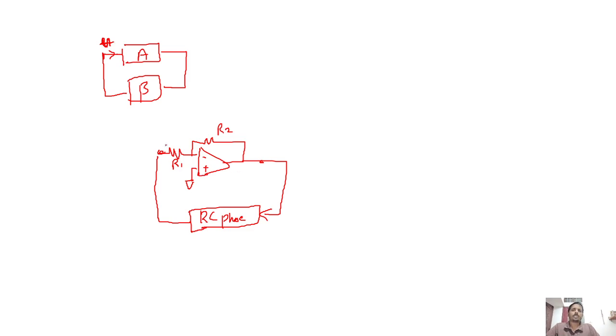So there is no input here. How does it work? The only input here is the bias voltage. For every op amp there is a bias voltage, right? So I will give some plus 5 and minus 5 volt.